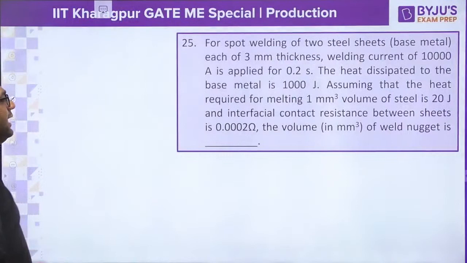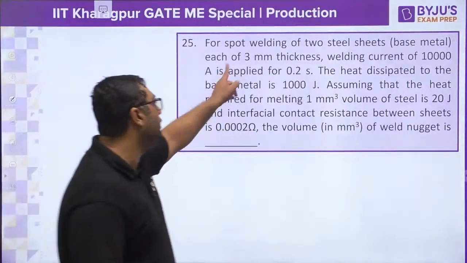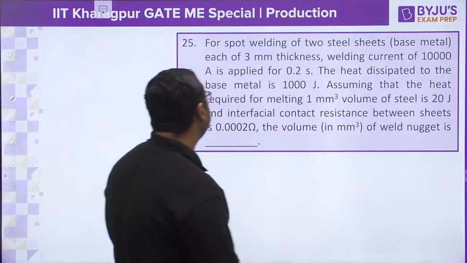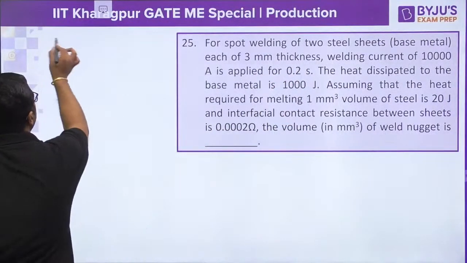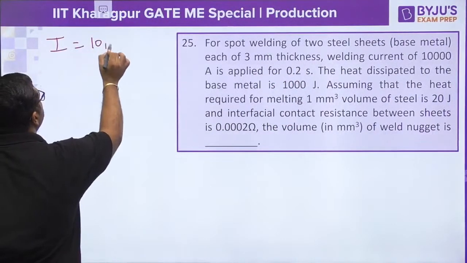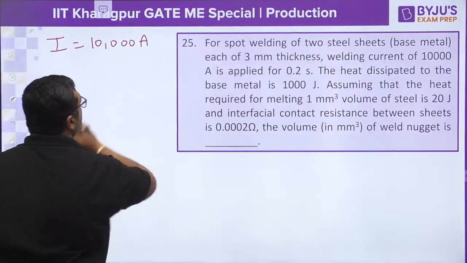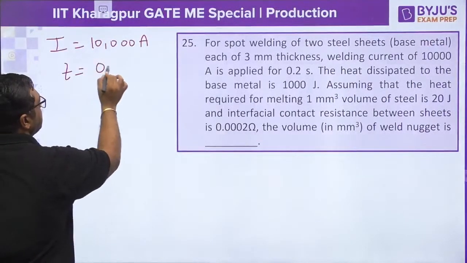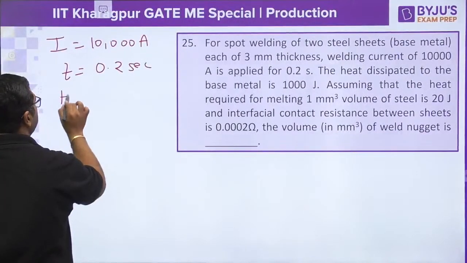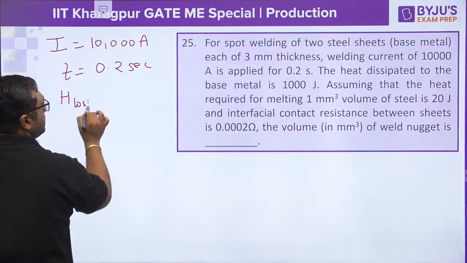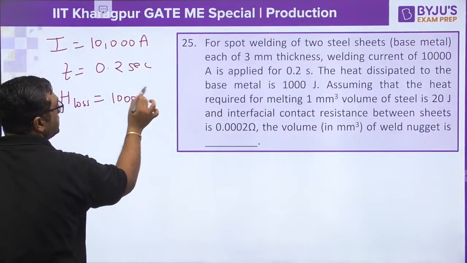My dear, next is a numerical. For spot welding of two steel sheets, base metal each of 3 mm thickness, welding current is 10,000 amperes, and the time for which it is applied is 0.2 second. The heat dissipated to the base material, the heat loss, is 1000 joules.